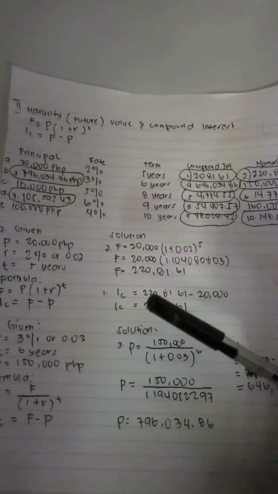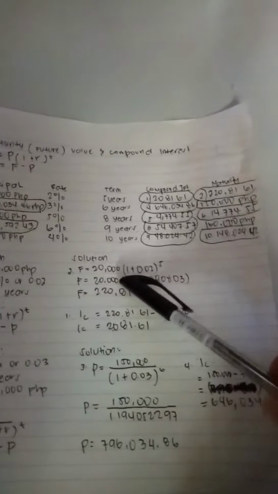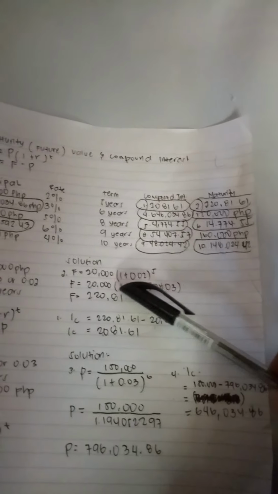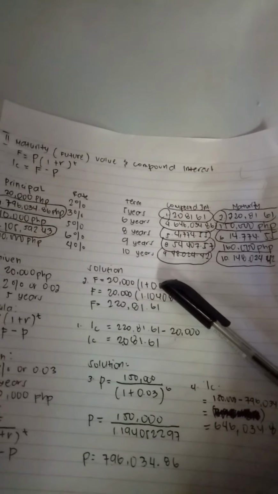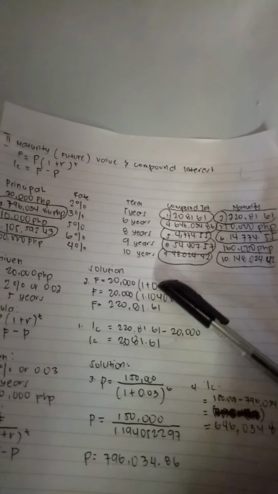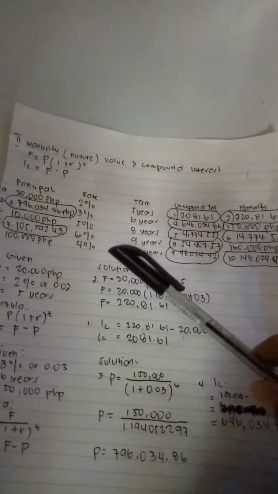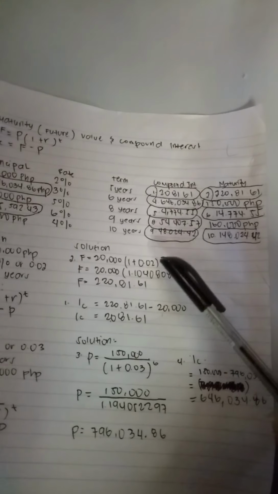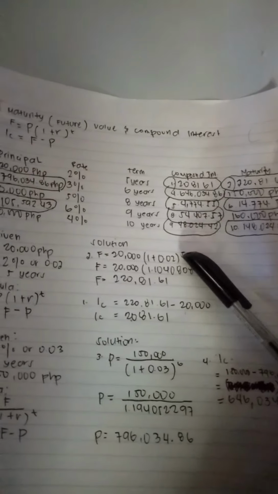For the solution, una muna natin solution is yung maturity future value is 20,000 close parenthesis 1 plus 0.02, ito po yung rate, then yung value po ng time natin is yung 5.